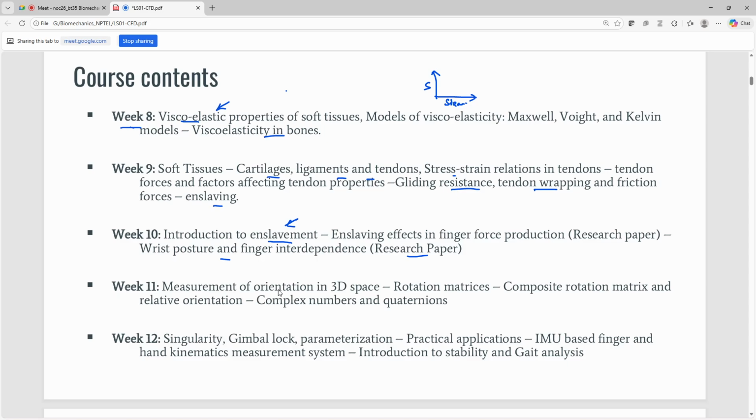Then in week 11, the orientation in 3D space, because I already told you the hand or upper limb, if I take an example of the upper limb, is moving in a 3D space. So how can one particular motion be defined?